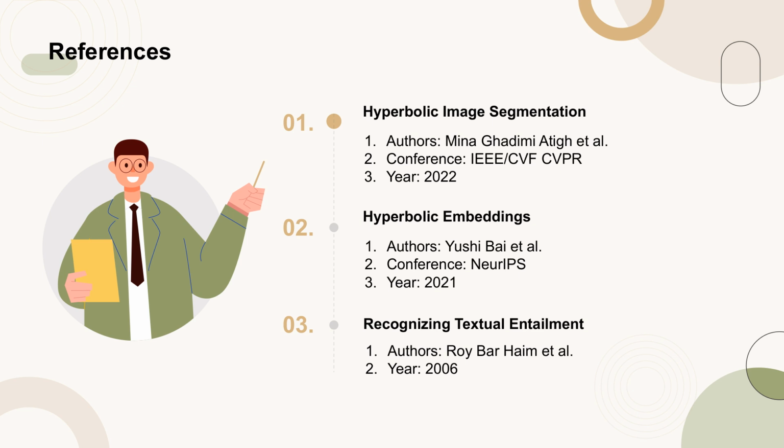Second, Modeling Heterogeneous Hierarchies with Relation-Specific Hyperbolic Cones by Yu et al., published in NeurIPS 2021, which introduces methods for embedding hierarchical data in hyperbolic spaces. Lastly, the Second PASCAL Recognising Textual Entailment Challenge by Roy Bar-Haim et al., from 2006, which addresses the challenge of determining whether one piece of text entails another.